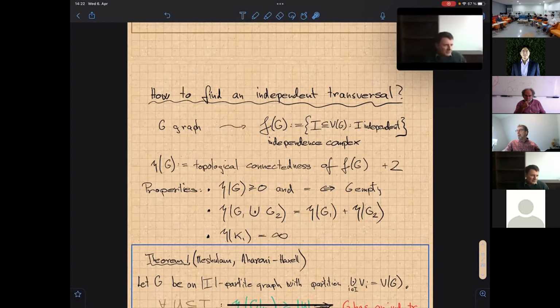Now, this is interesting because this is a really nice example where you could use probabilistic, combinatorial, and topological tools to attack it quite effectively.